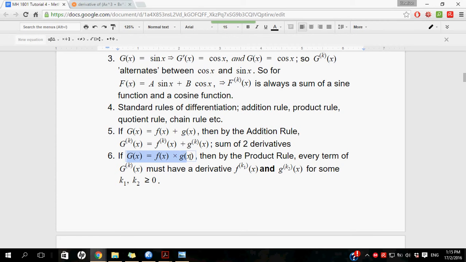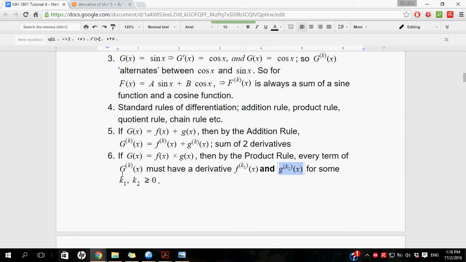If we have a product of two functions, f of x times g of x, the product rule tells us it is going to become a sum of derivatives, and every term inside of our kth order derivative is going to involve one of the derivatives of f and also one of the derivatives of g, up to a certain order, for k1 and k2.